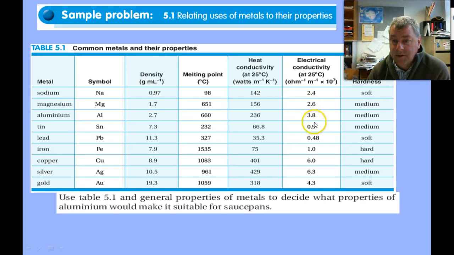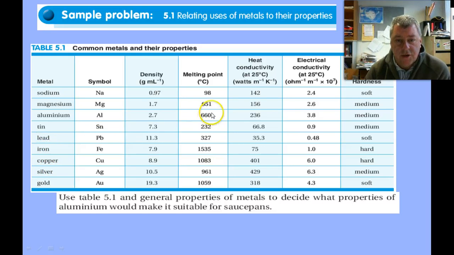We're after heat conductivity. Hardness is medium, so certainly you wouldn't have anything that's soft, because you'd be using metal appliances in it, and something too hard you can get. So if you looked in a kitchen, you would find pots and pans made of aluminium, copper and iron.